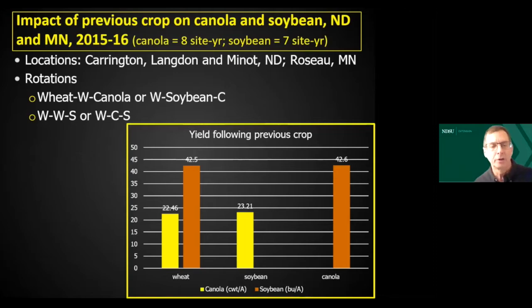I did a very simple compilation in graph form showing the average across the site years. If we begin with canola response, that'd be the yellow bars. Notice that canola yield following soybean was similar to canola following wheat. And then if we look at the soybean yield response when it followed canola, again, the yield response is very similar to soybean that followed wheat.